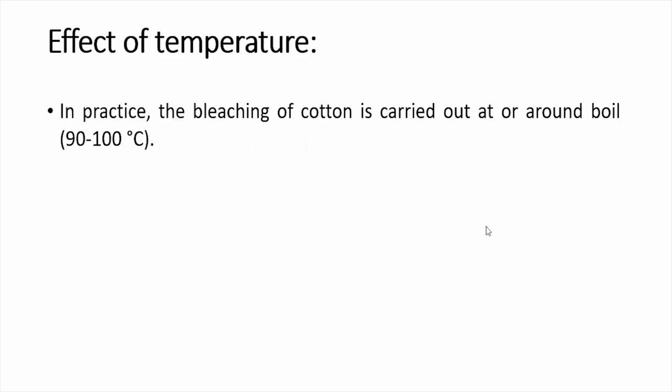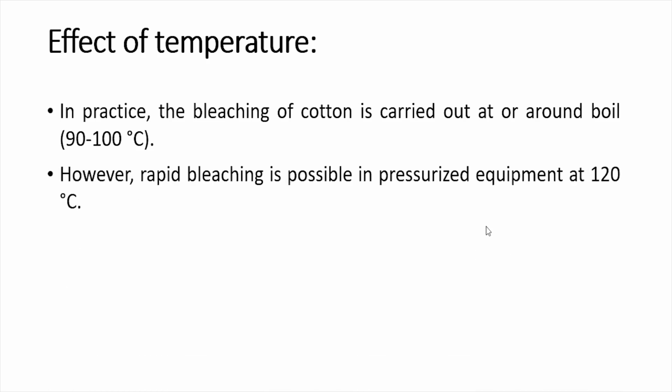And the effect of temperature. In practice, the bleaching of cotton is carried out around boiling temperature, 90 to 100 degrees Celsius. However, you can increase the bleaching temperature for a faster process.